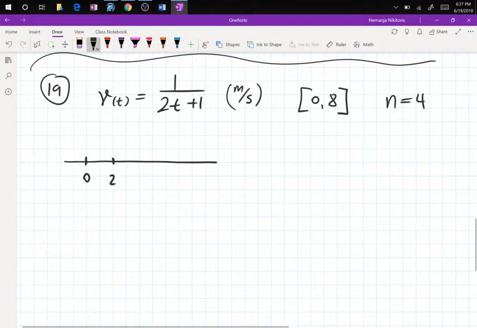I'm going to put red dots on the left approximations, because you will have 4 rectangles using red dots, and then you will have blue dots for the right approximations. So you will use the red values to compute. What's your delta x, by the way, for both calculations? Delta x is 2.